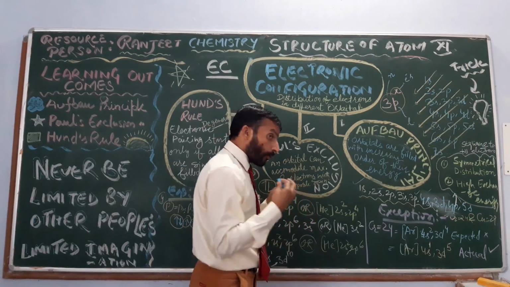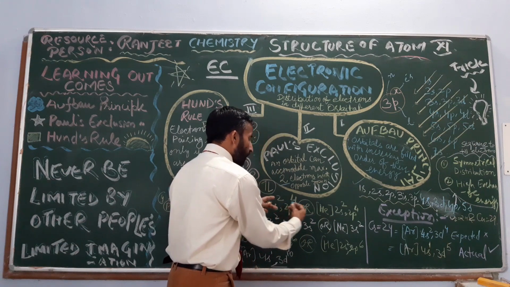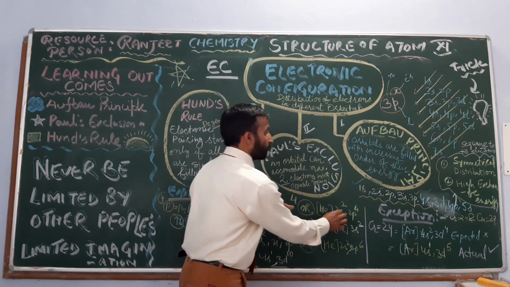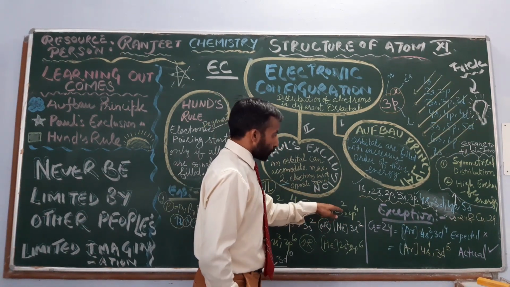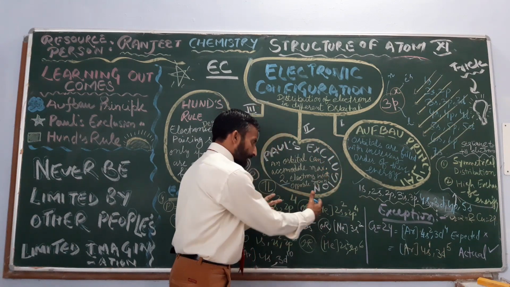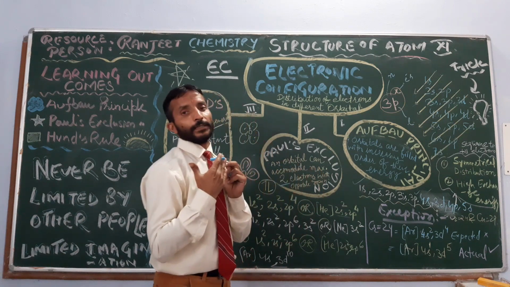Or how can I write it? I can write the nearest noble element's symbol in square brackets, then the valence shell's electronic configuration: helium, then 2s2, 2p4. These are the same, but the method of writing is different.